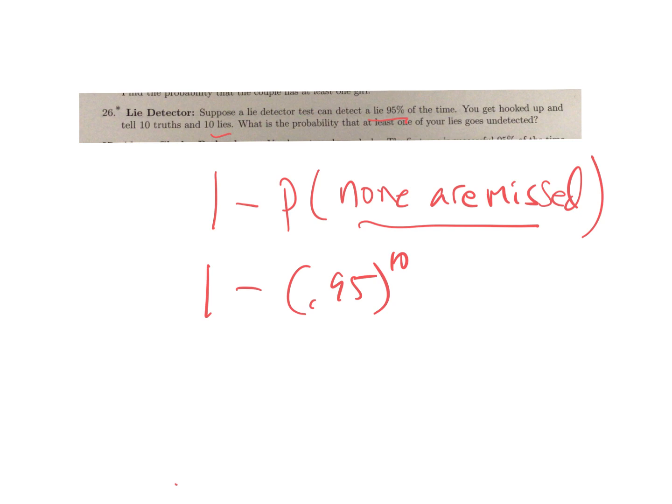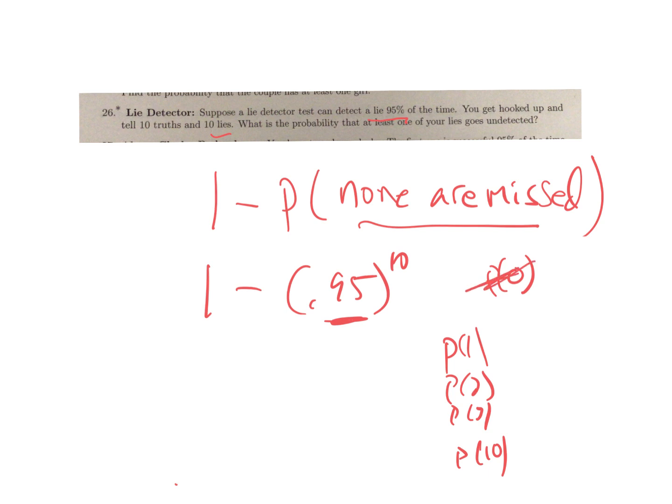Whatever's left over will be the probability of at least 1 being detected, 2 being detected, 3 being detected, all the way up to all 10 being detected, but not the probability of zero being detected, because that's what this is.